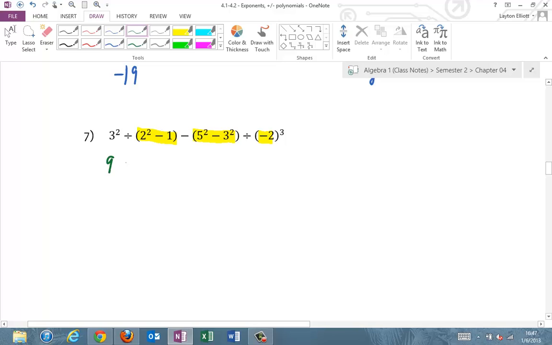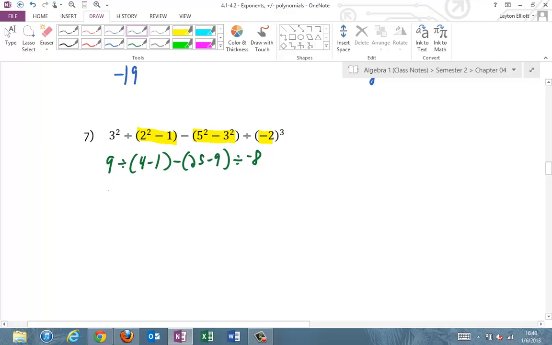So I have 9 divided by, I get 4 minus 3. Minus, then I have 25 minus 9 divided by, and I can go ahead and do the negative 2 cubed for the same reason that I did the 3 squared. Negative 2 cubed is negative 2 times negative 2 times negative 2, that is negative 8.